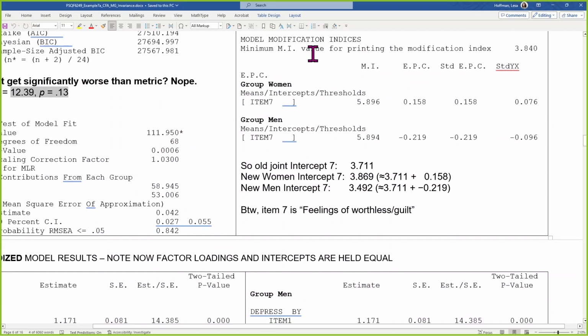And modification indices tell you completely atheoretically and completely in a sample-dependent way how much your chi-square would improve by adding parameters to your model. And what is not shown here is the long, long list of other things it wanted me to add, right? It's still going to suggest error covariances in models with multiple factors. It's still going to suggest cross-loadings and all that other stuff. So I'm limiting my choices to this.